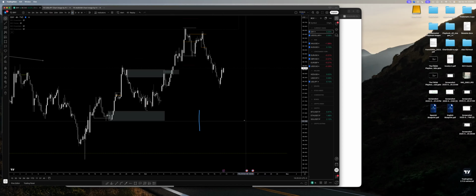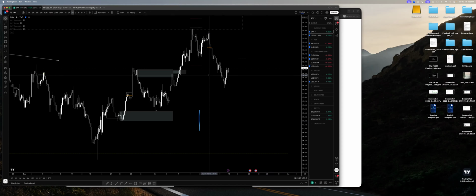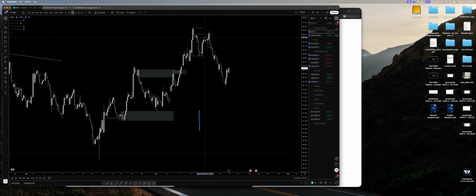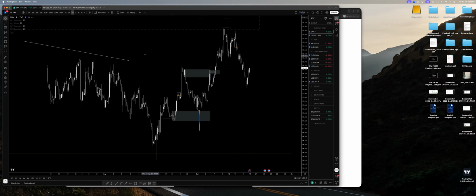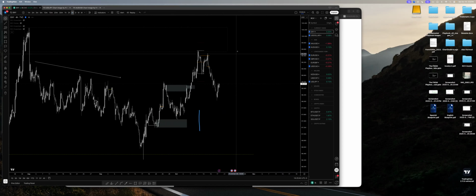Something that's interesting too, we also have the structural disruption that we talked about last week, and that just kind of rolled over. So I want to see maybe hopefully come back into this buy to sell. That would be cool. But that's kind of the gist. I don't see this going, like we said last week, into the high of the previous range. I don't want to see that.